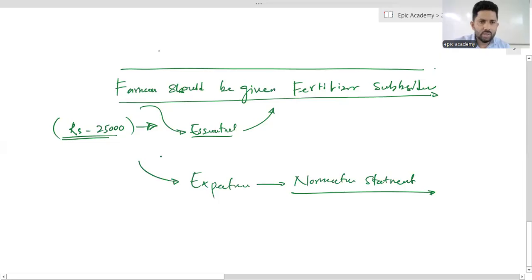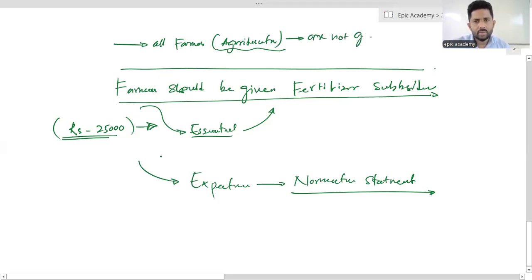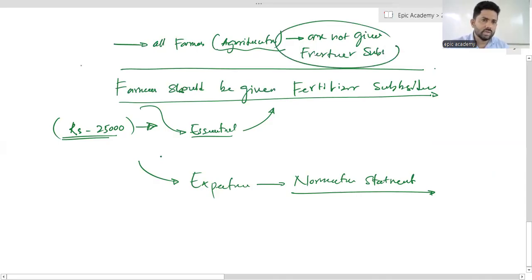But the actual situation in the country is that not all farmers who produce agriculture or horticulture production are given a fertilizer subsidy. So that is the actual situation.